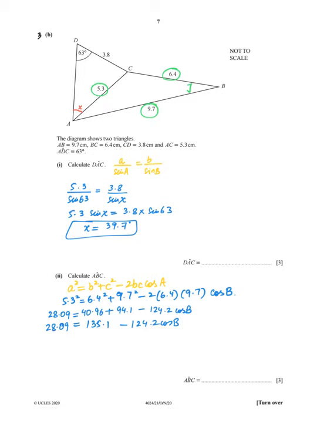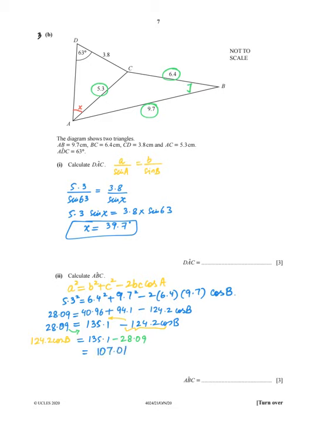Now I will arrange the equation. So 135.1 as it is, but when I shift 28.09 to the right side, it will be minus 28.09, and when I shift minus 124.2 cos B to the left side, it will be 124.2 cos B.